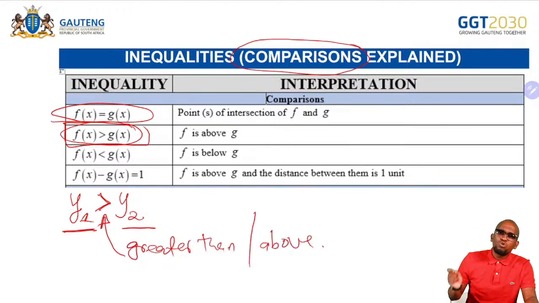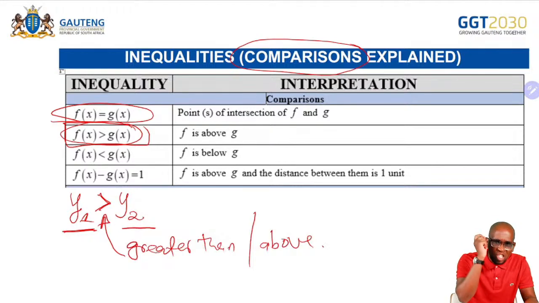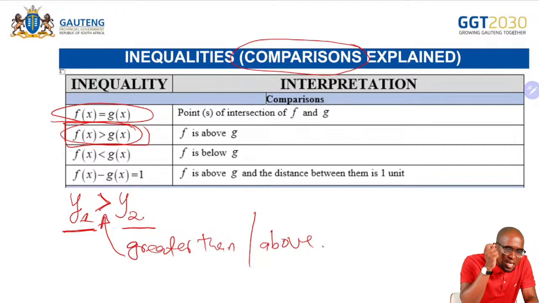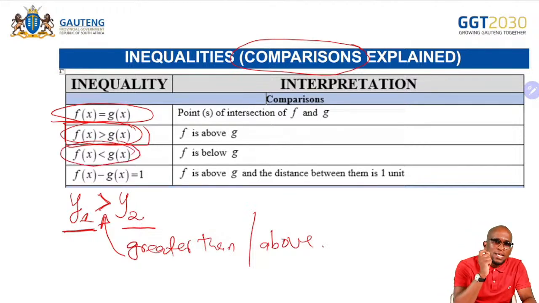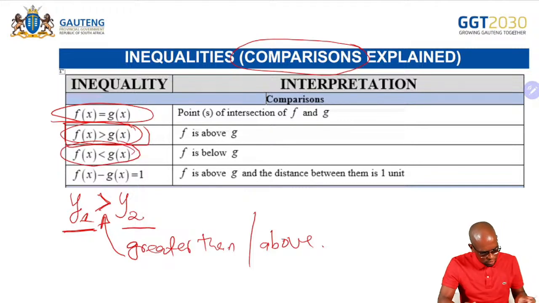So we are going to locate the region where the graph of f is above the graph of g. Now here we locate the region where the graph of f is below the graph of g.